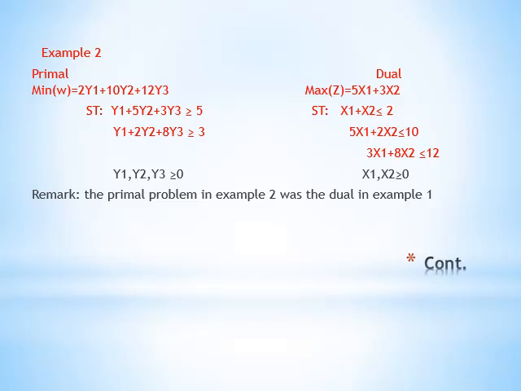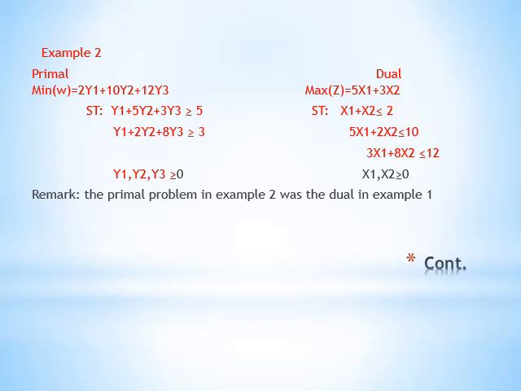Now, as we mentioned, the constraints of maximization are all the time less or equal. Constraint number 1: x1 plus x2 less or equal what? Equal to the coefficient of y1, which is 2.